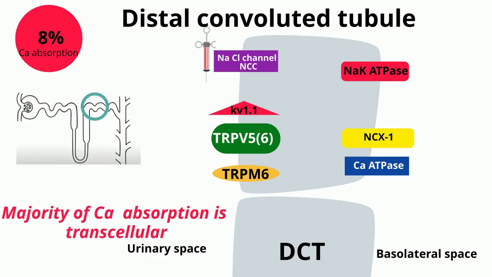This is the cell where thiazides work. Thiazides block the sodium chloride channel. If you take a thiazide and dump sodium and chloride into your urine, you can reabsorb calcium. You can give a patient a thiazide for kidney stones because it helps reabsorb calcium.